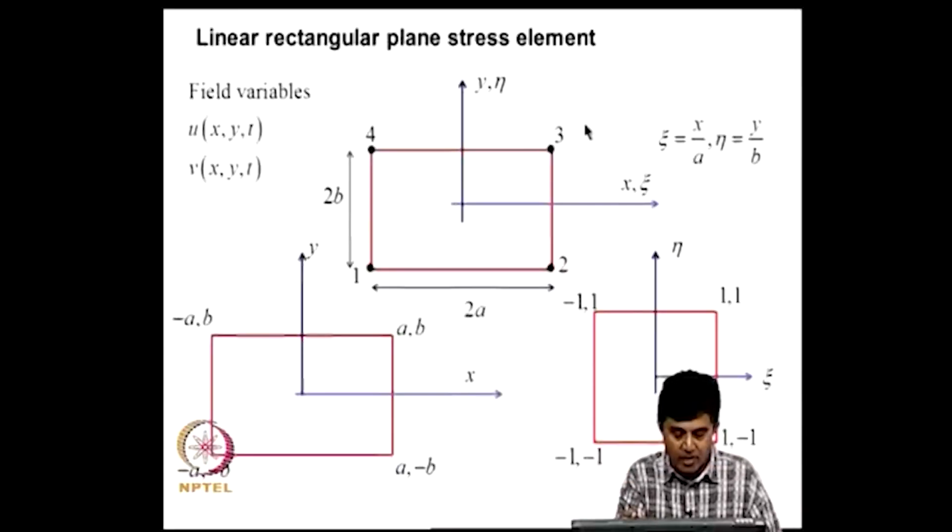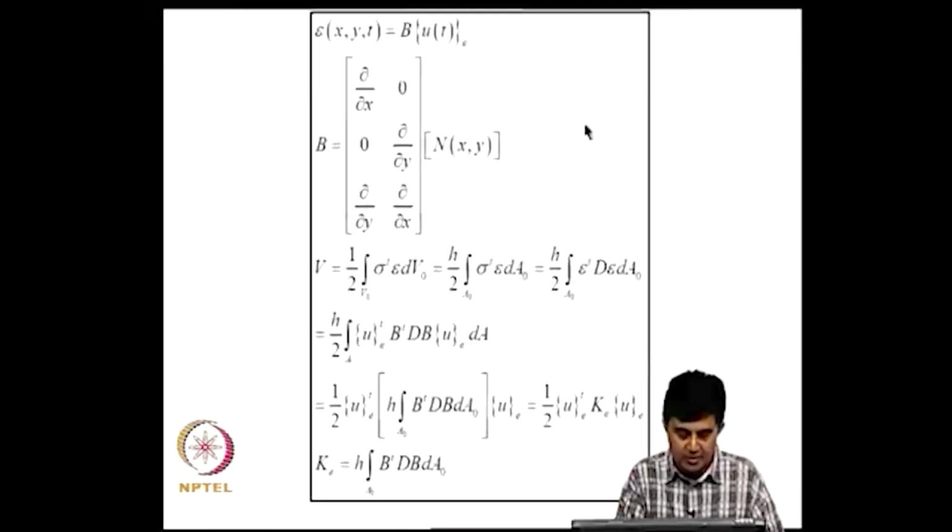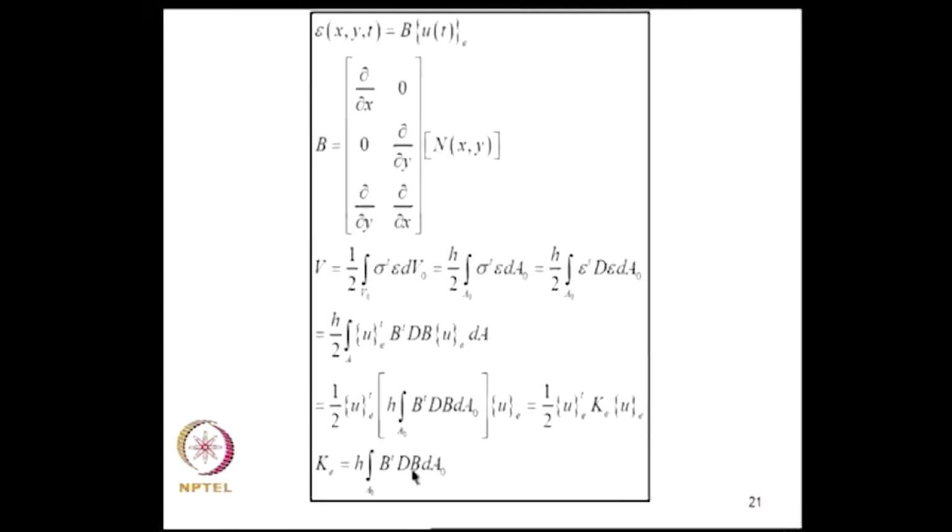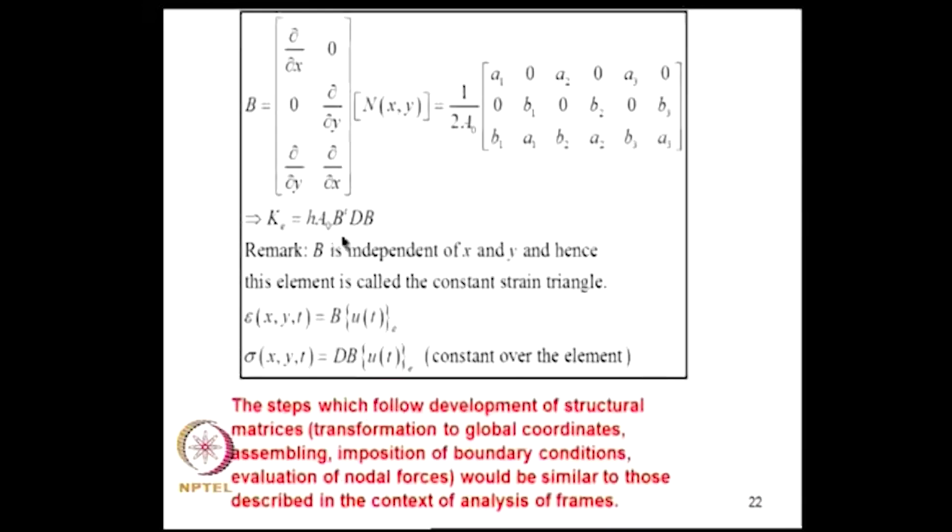So, consequently this integration can be done easily, and we can pull out that, and we get Ke as h A naught B transpose D B. So, B is independent of x and y, and hence this element is called the constant strain triangle, CST. Now, epsilon is given by B u e, sigma is given by D B u e, and this is constant over the element.